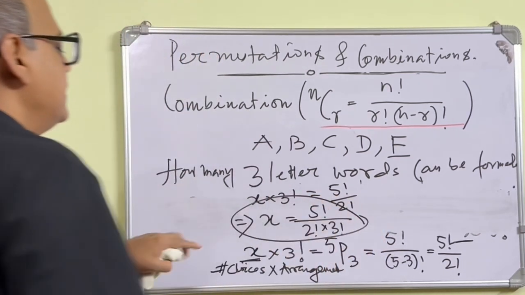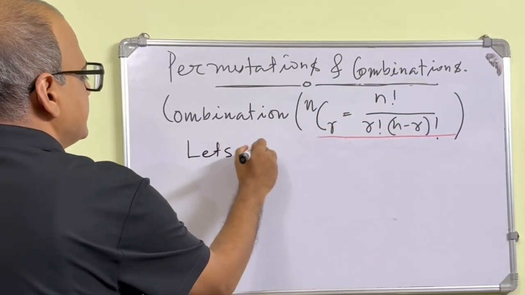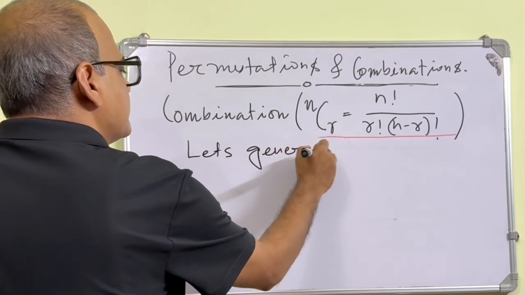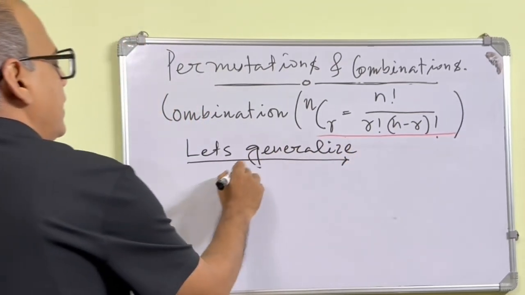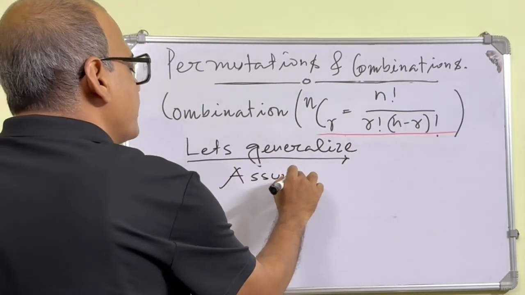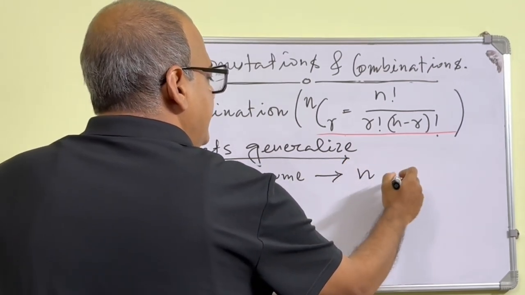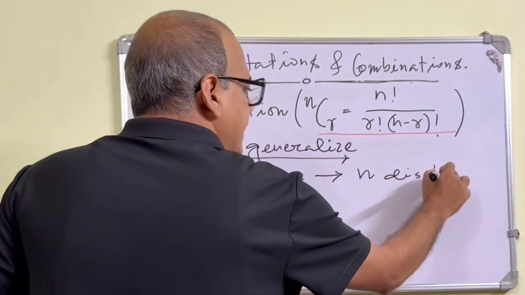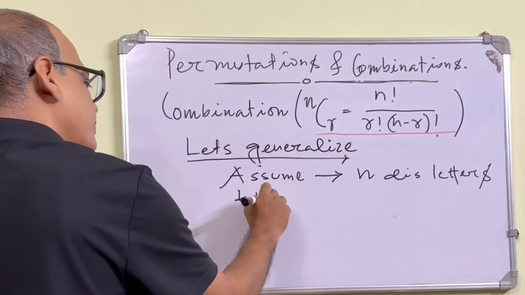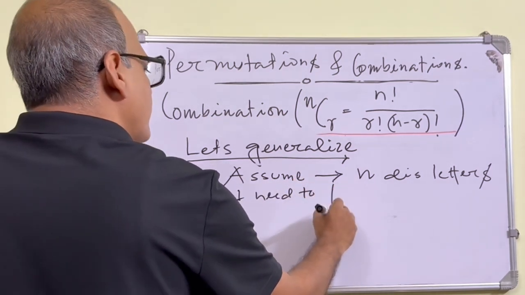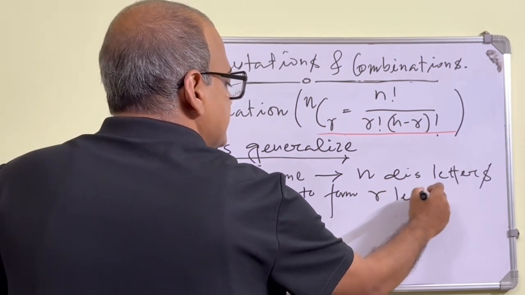So let's generalize this. Assume I have n distinct letters and I need to form r letter words.